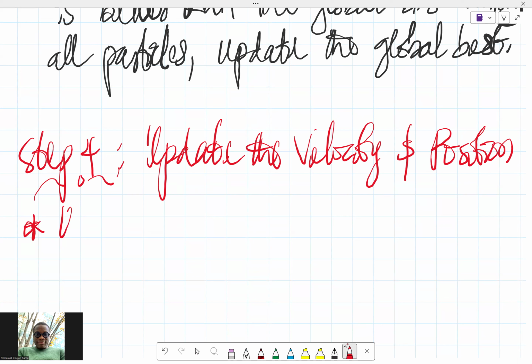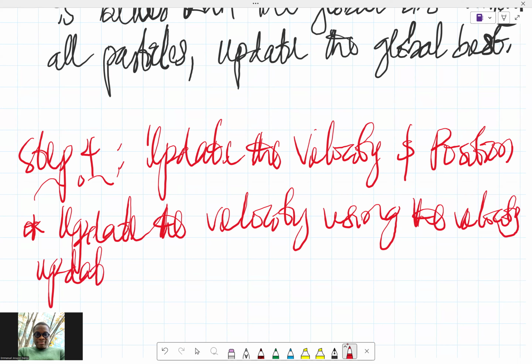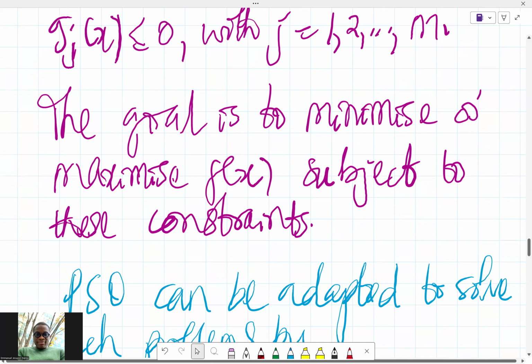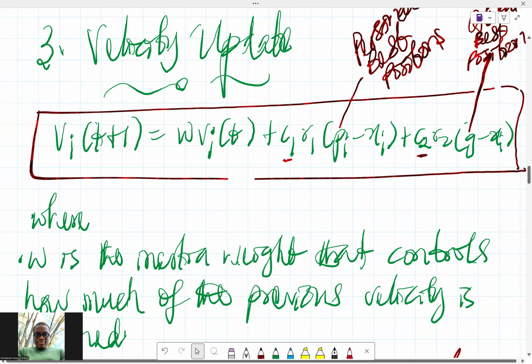So first we update the velocity using the velocity update equation like we had before. I'll just flash that briefly. This is the velocity update equation right here.